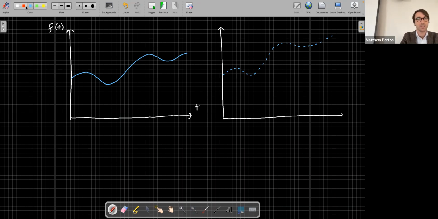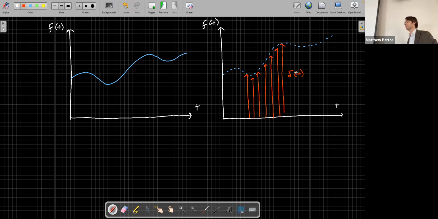And we can think of this function as being composed of all of these little Dirac deltas, such that when you integrate over them, it returns the original function. So you can decompose any function f of t into an infinite train of Dirac deltas, an infinite succession of Dirac deltas. And this gives a hint for how we might go about computing the response of a system to some arbitrary input u of t.